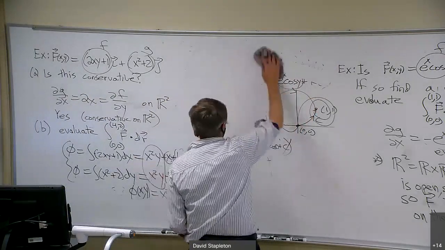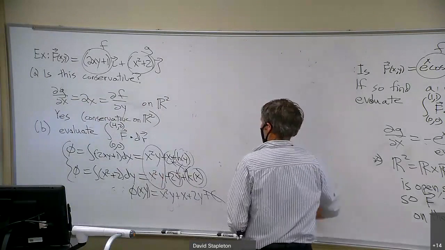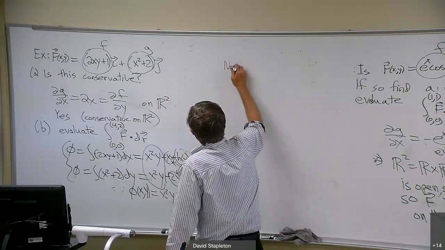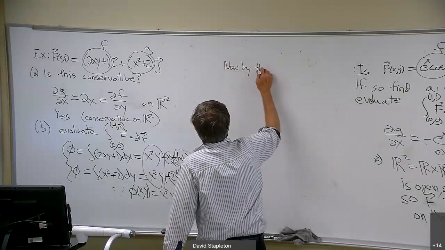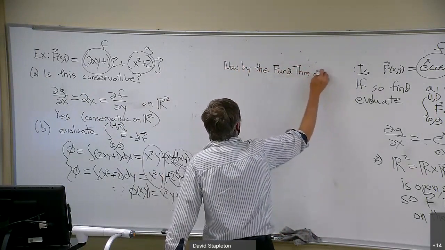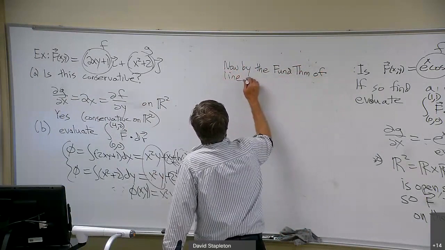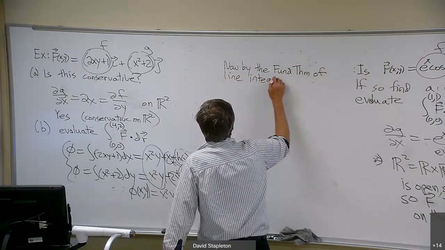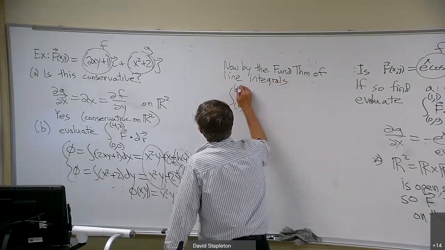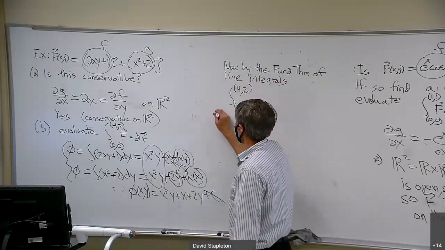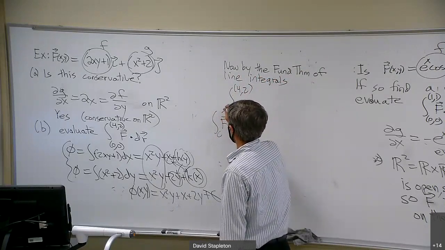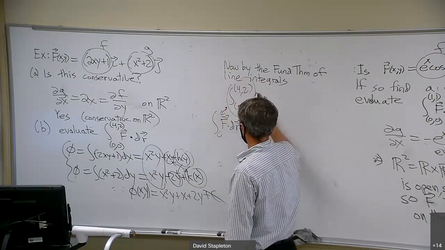This time we're going from (0,0) to (4,2), and it's path independent since it's a conservative field. Now, by the fundamental theorem of line integrals, the integral from (0,0) to (4,2) is also just another notation for the integral on C of F dot dr. The book likes to use this notation equivalently when it happens in a conservative field.